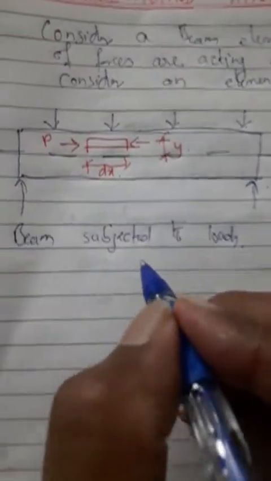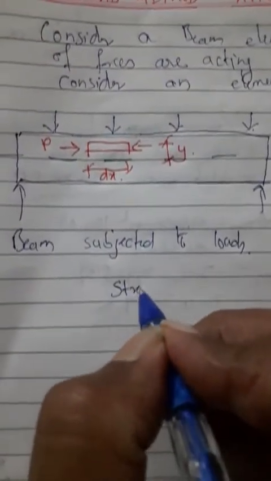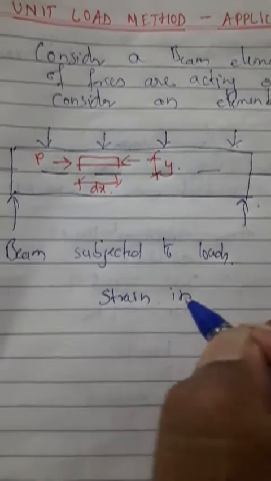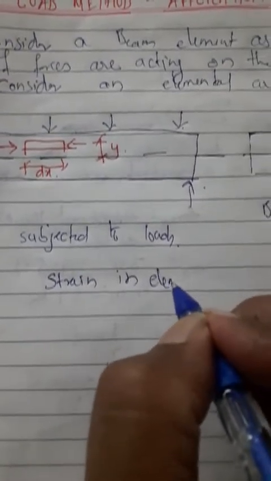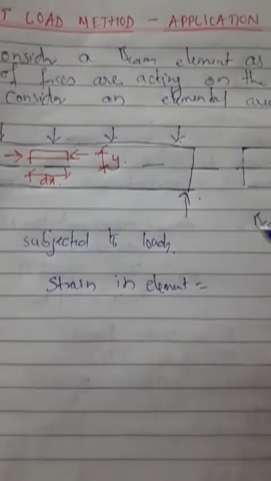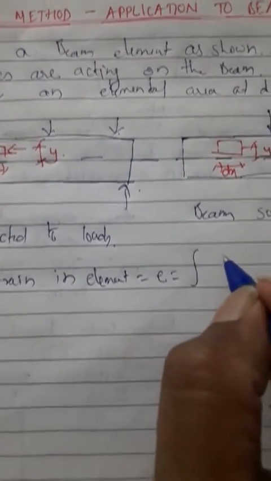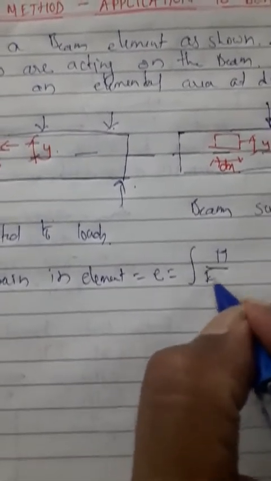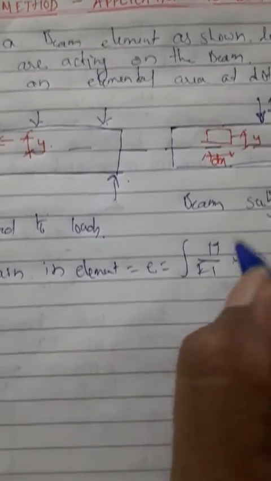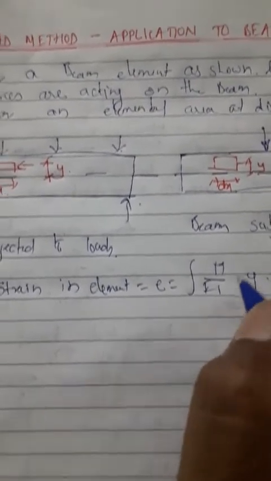Now strain in element is given by epsilon equals integration of M by EI into y. So this is the pure bending equation.